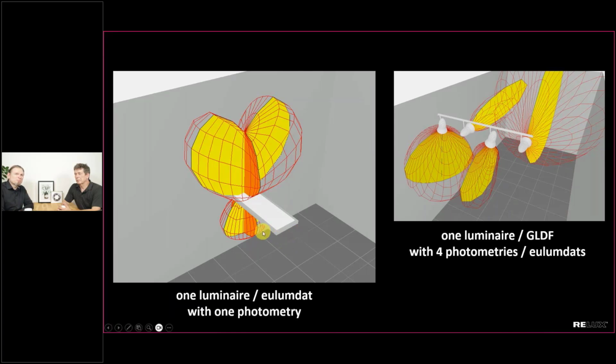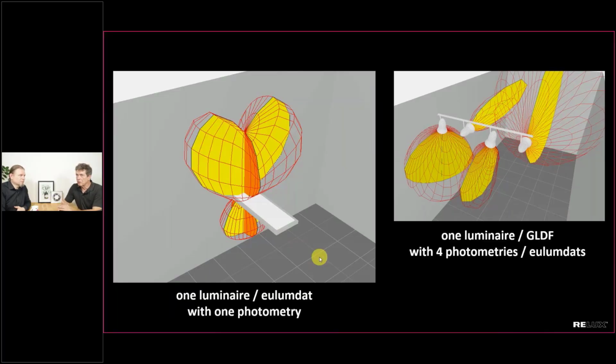It's also important to understand that the geometry of the luminaire inside a scene and the photometric are the same in a different way. The geometry of a luminaire produces the photometric, and the photometric is the stored measured data that we are using for the calculations.